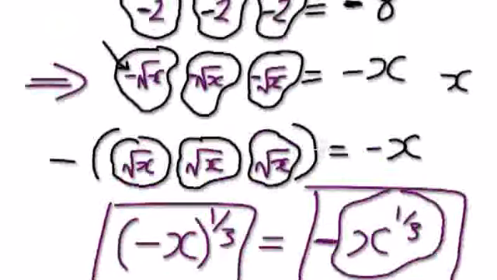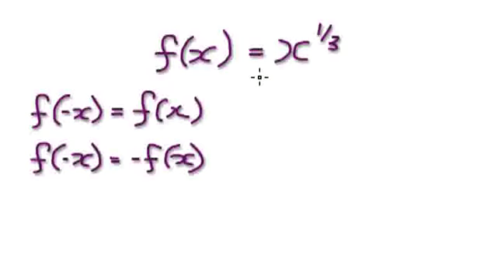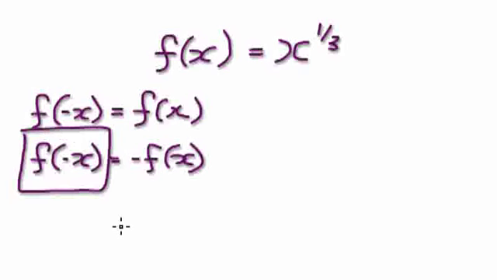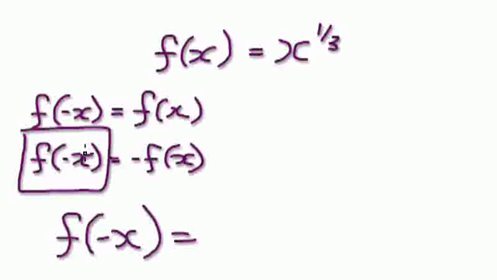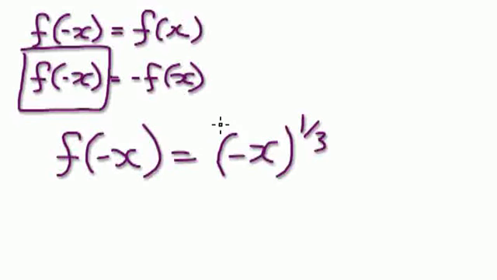Okay. So let's start again here. So this was our original function. Applying this transformation here would give us f of minus x equals, well, we've got to put this minus x into this x here. So it will be minus x to the power of a third. But then this bit here is actually the same as this.